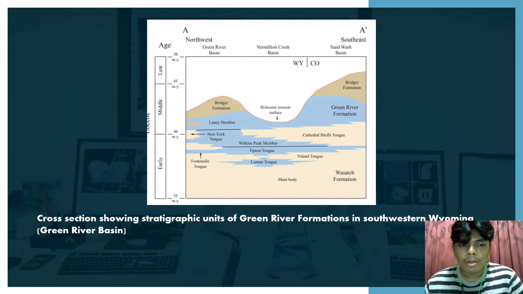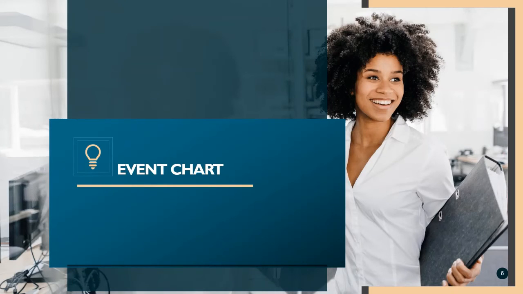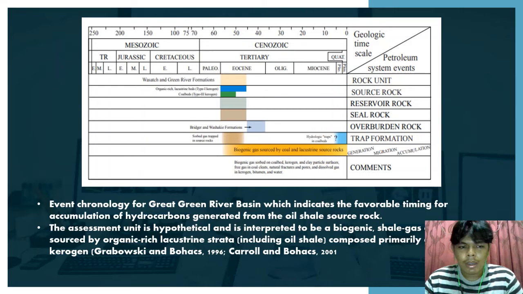This image shows a cross-section showing the stratigraphic limit of the Green River Formation, southwestern Wyoming, Green River Basin. Event chronology for the Greater Green River Basin indicates favorable timing for accumulation of hydrocarbons generated from the oil shale source rock.